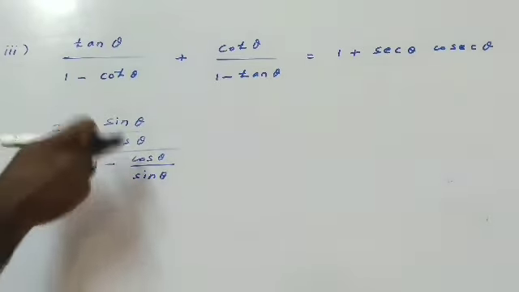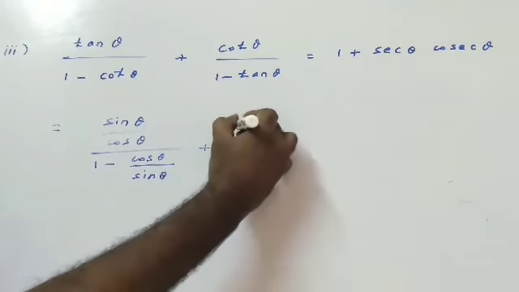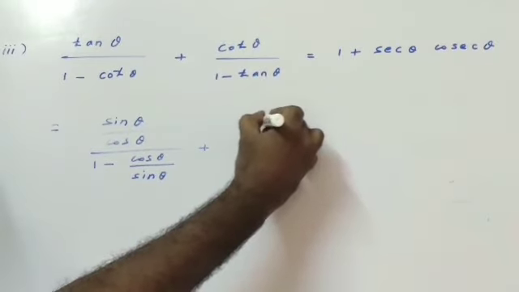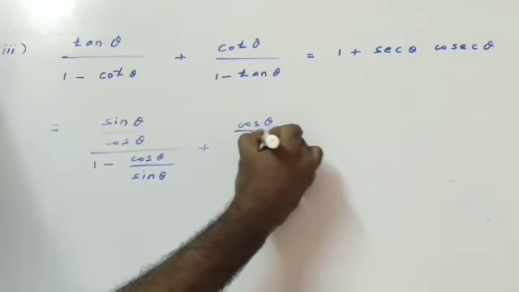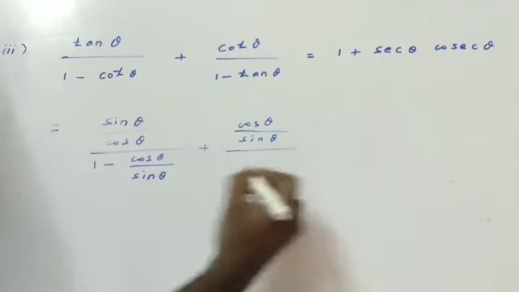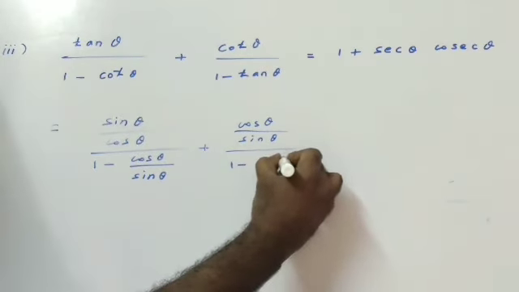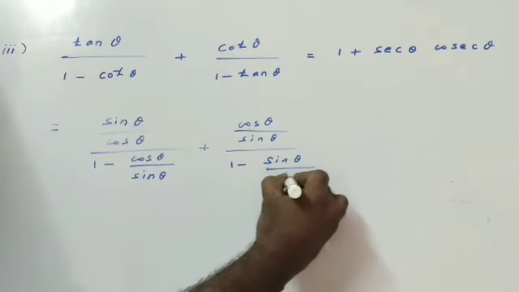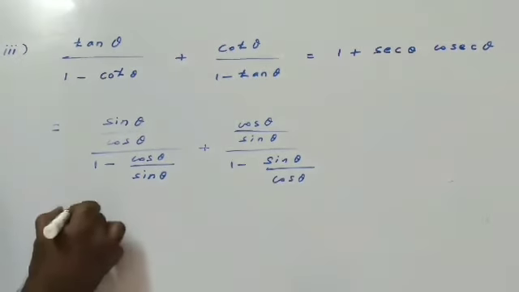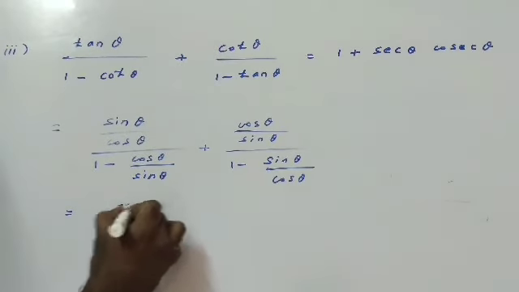So sin theta plus cot theta, that is cos theta by sin theta, divided by 1 minus tan theta, that is sin theta by cos theta.